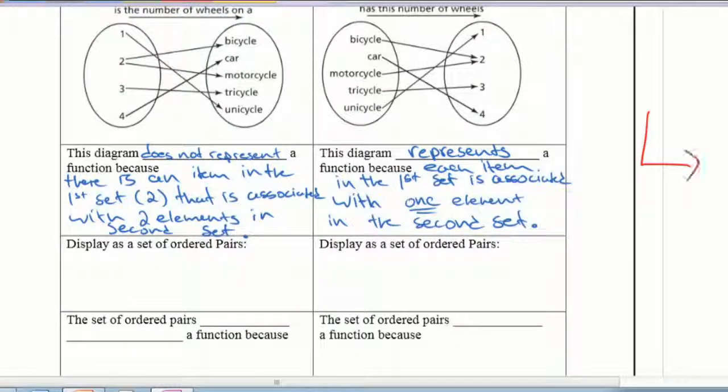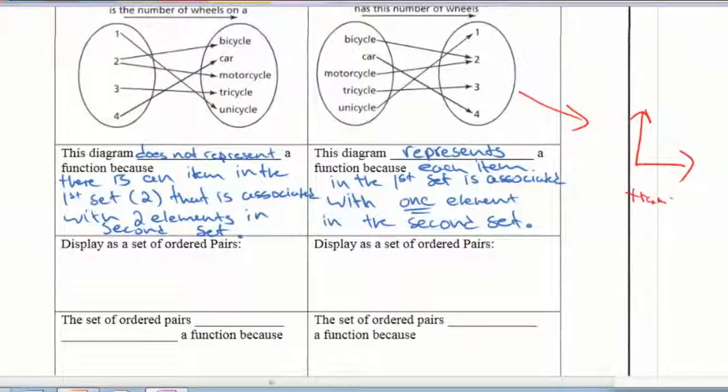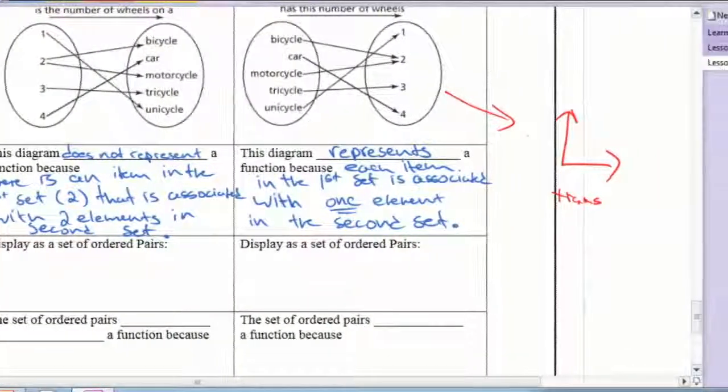If we did, for the second example here, we'd have transportation on the bottom, and then wheels on this axis with 0, 1, 2, 3, and then we'd have bicycle, and a little dot here. It doesn't represent well as a chart, so we probably wouldn't do it as a graph, just because it looks a bit weird.